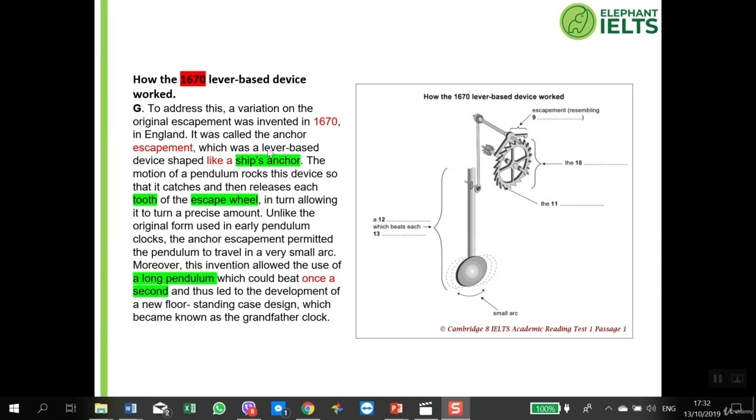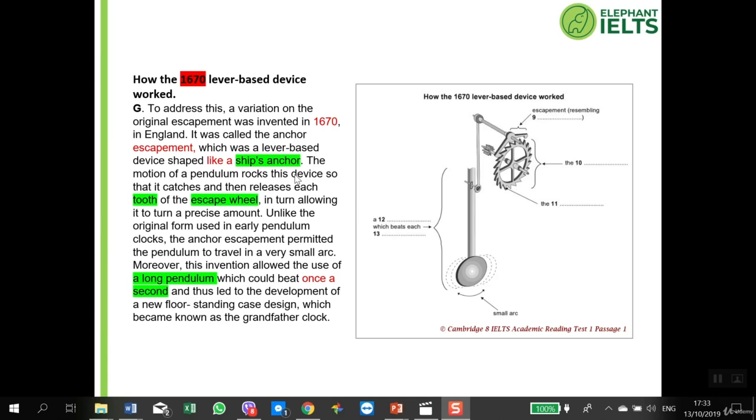I find a synonym, like, which means resembling. I also find the word which is given, escapement, so I know I should read carefully around this part.